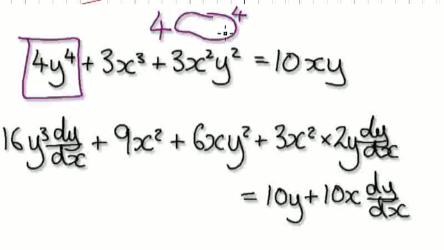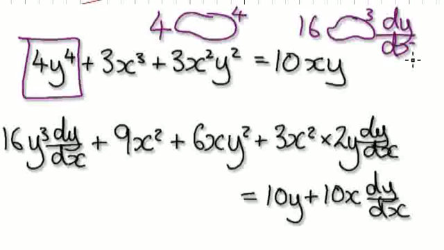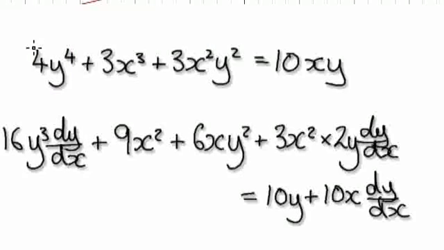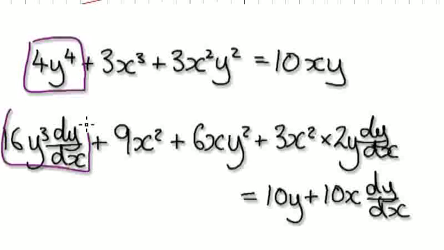When you differentiate this with respect to the bubble, you get 16 bubble cubed, and then d bubble by dx, which in this case is dy by dx. So when you differentiate this, it will be 16y cubed dy by dx.